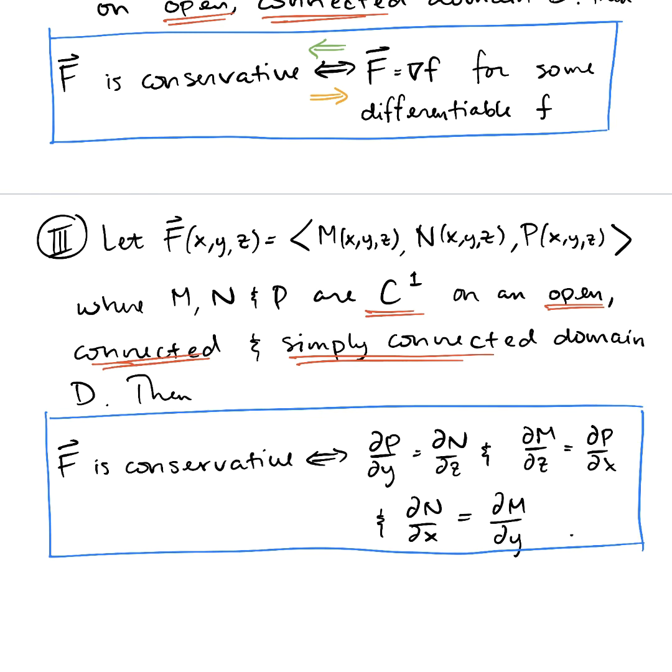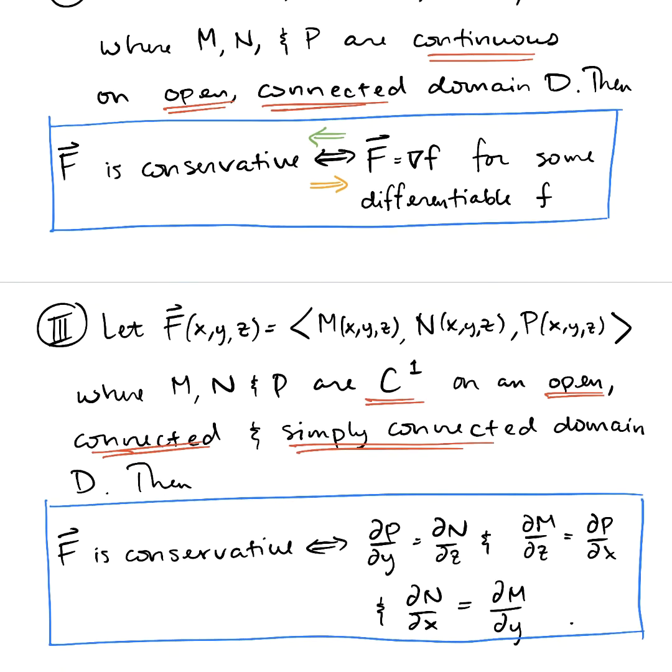Now let's talk about why the test might be what it is. So focus here. If you are hoping that big F ends up conservative, then by theorem 2, you're hoping that big F ends up being someone's gradient.